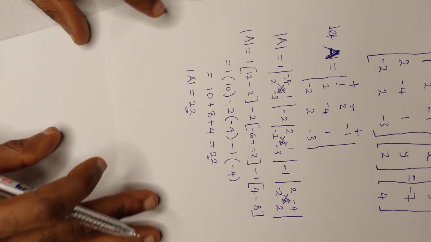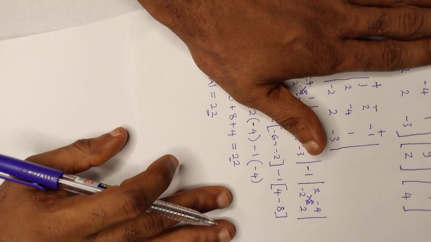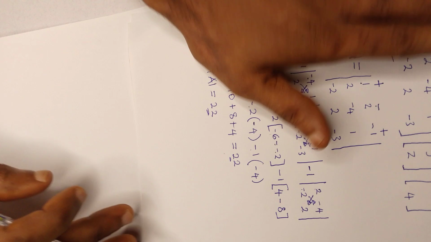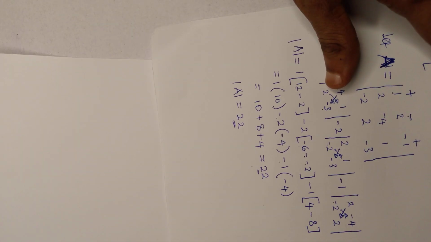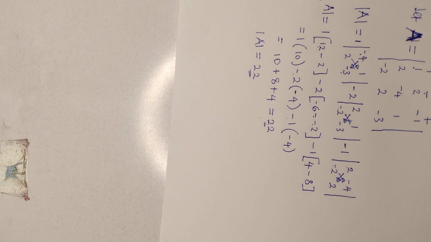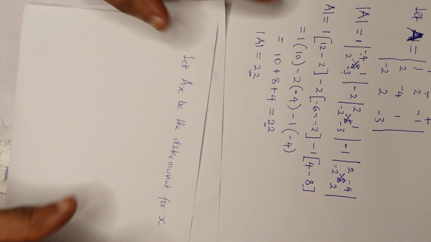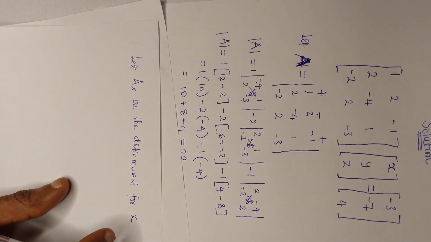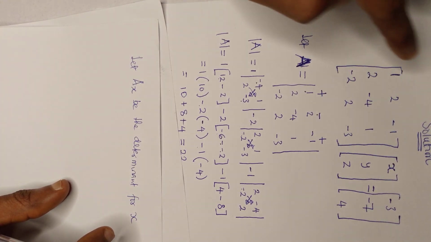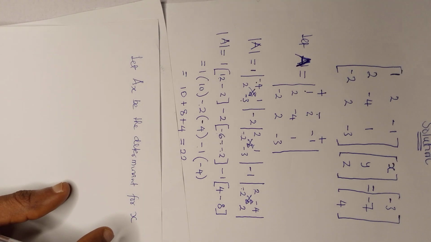So let's do for X. So for X, we are going to take this out and bring only this one in. So let's find determinant for X. So we are going to take the whole of this out. So we bring this in here.